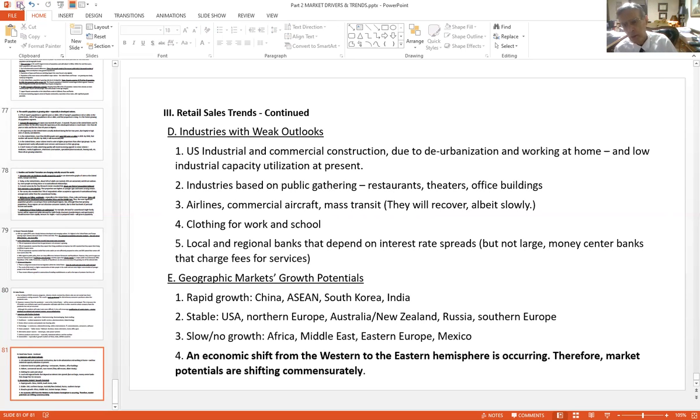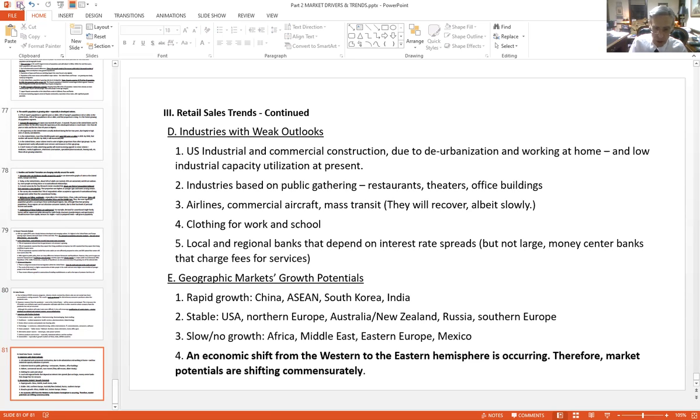Airlines, manufacturers of commercial aircraft as opposed to military aircraft, and mass transit, all are in a severe recession because of the coronavirus. Eventually, they should recover, but it will be a long time until they're back to what we consider to be normal.